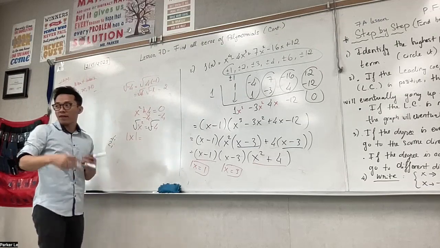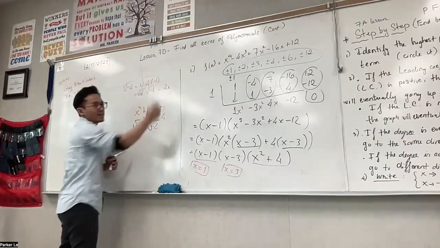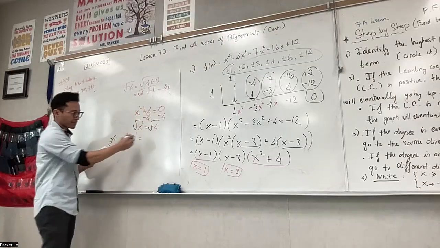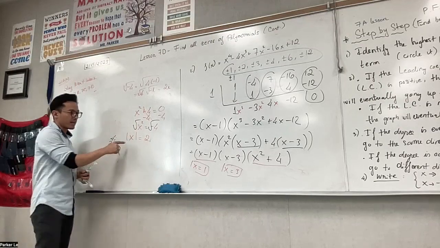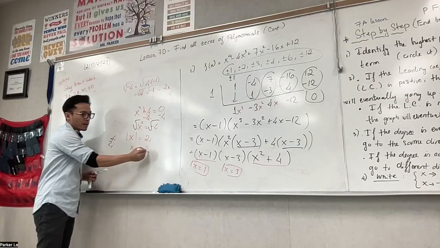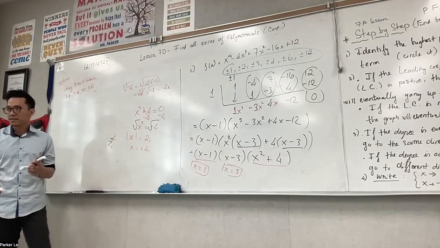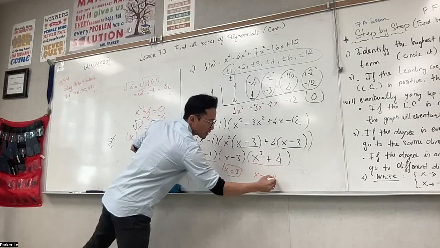I. Imaginary friend. You talk every night, yes. 2i, right? They always come back. So take out the absolute value and have x equal to plus minus 2i. That's going to be the solution. X equal to plus minus 2i.